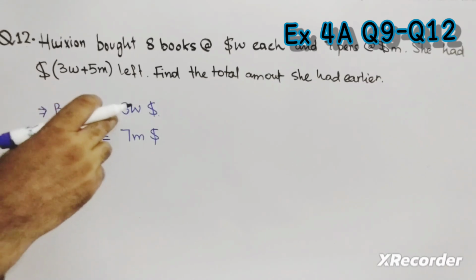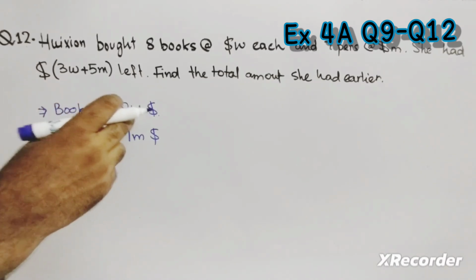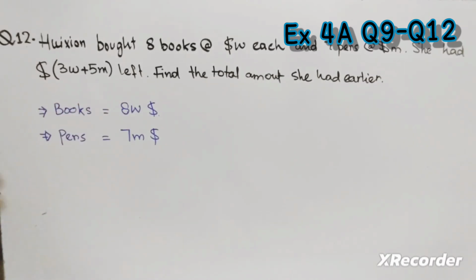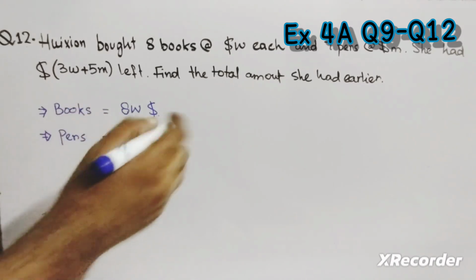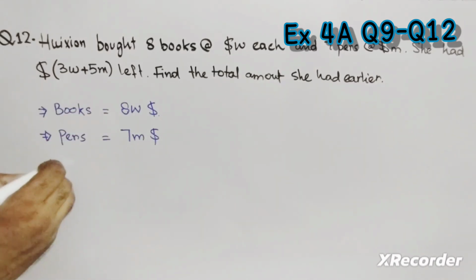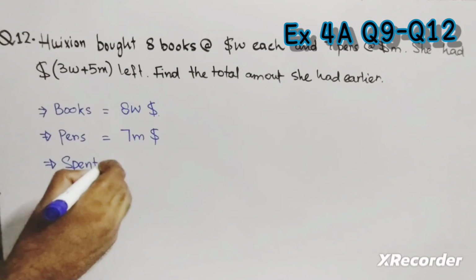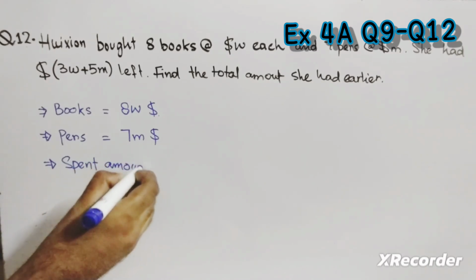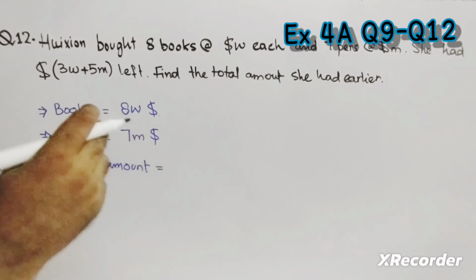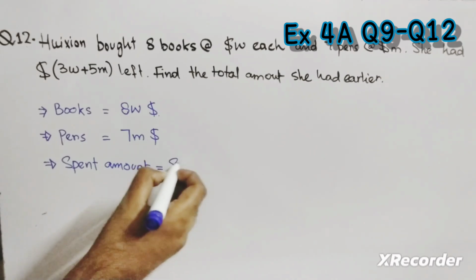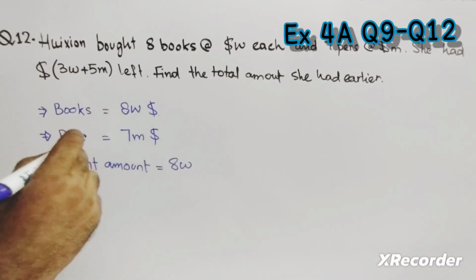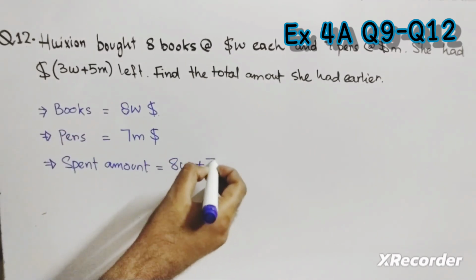Similarly, 8 is the quantity of the books and rate is W. So if we find the total she spent, it is for books 8W and for pens 7M.